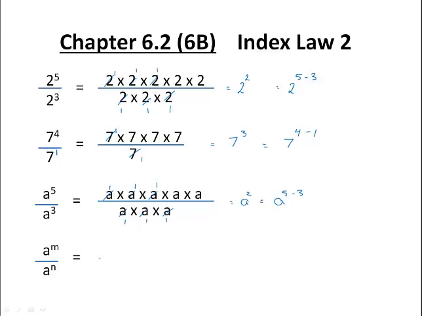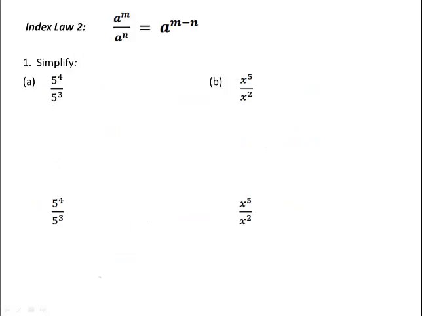So in general, if we're dividing terms with the same base, we can subtract the powers. And this gives us the second index law. So for example, in expanded form, 5 to the power 4 divided by 5 to the power 3 would look like this.